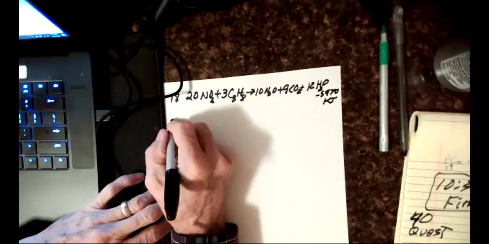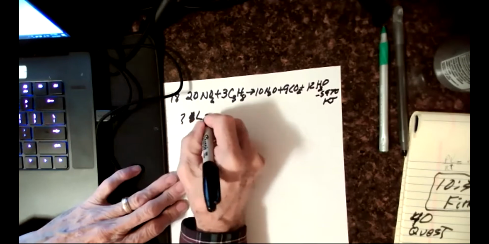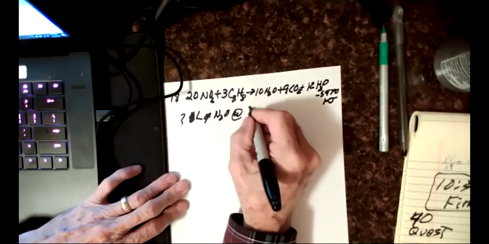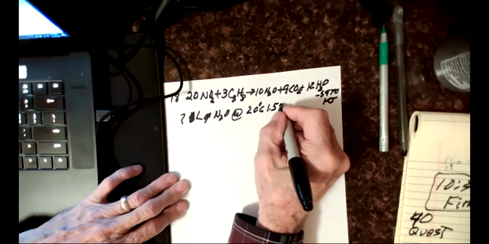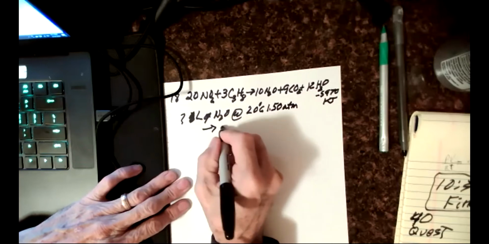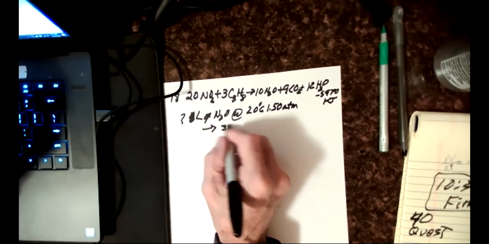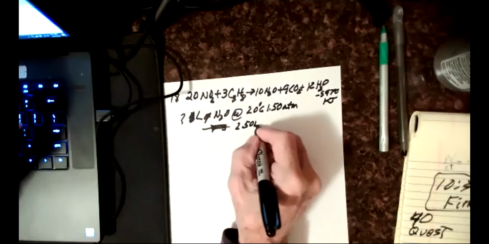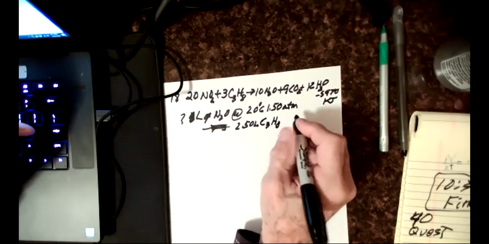So number 18 is how many liters of N2O at 20 degrees C and 1.5 atmospheres pressure would be needed to produce, how many liters of this can be produced from 2.50 liters of C3H8 at 25 degrees.